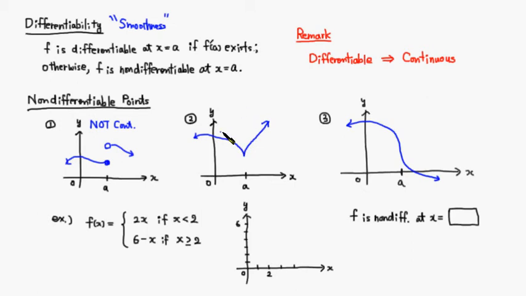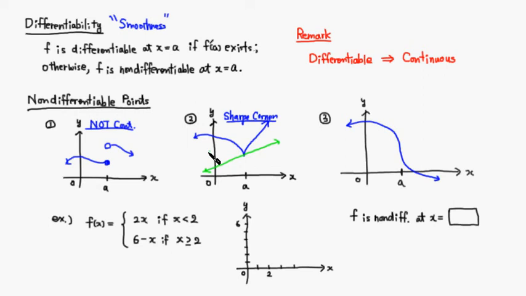Another one, a tricky one, would be when you have a sharp corner. If you have a sharp corner, you cannot have a derivative. The reason is that the derivative tells you about the slope of the tangent line. But if you have a sharp corner like that, we cannot determine which line is going to represent the tangent line.